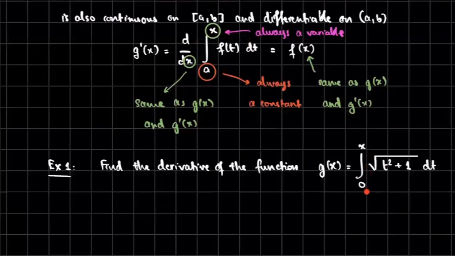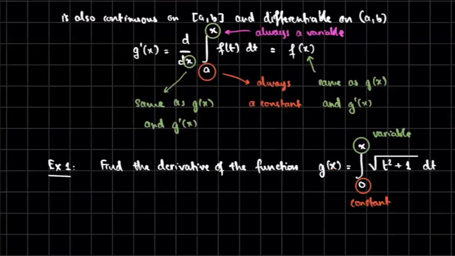The lower limit of integration is a constant always. So here is a constant. The upper limit of integration has to be a variable. And the variable is the same as g of x. Okay.